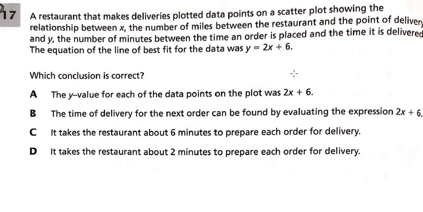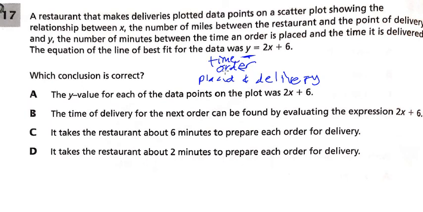So basically that means that the Y value here represents the number of minutes between the order placed and the delivery. And it measures time, or the amount of time that passes.